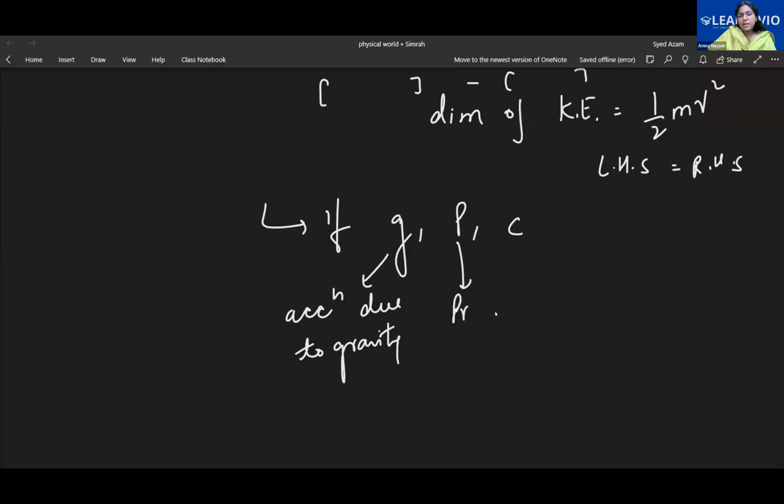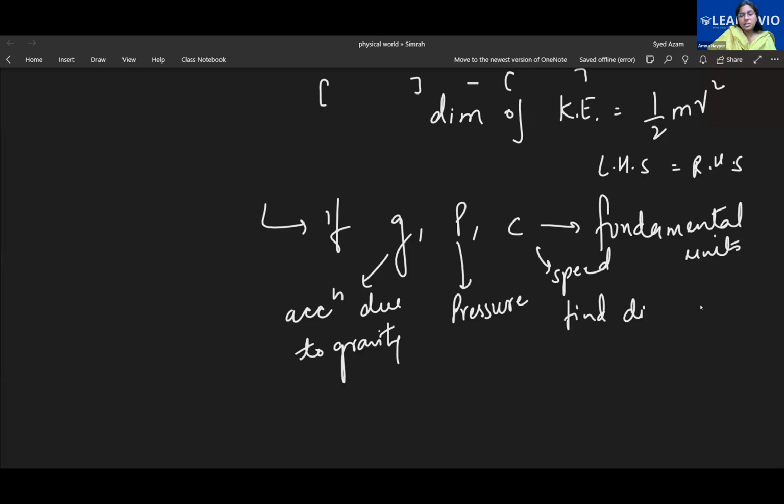This is pressure. This is the speed. So speed, pressure, and acceleration are the fundamental units. Then find the dimensions of length. Like this, a random question will be asked.